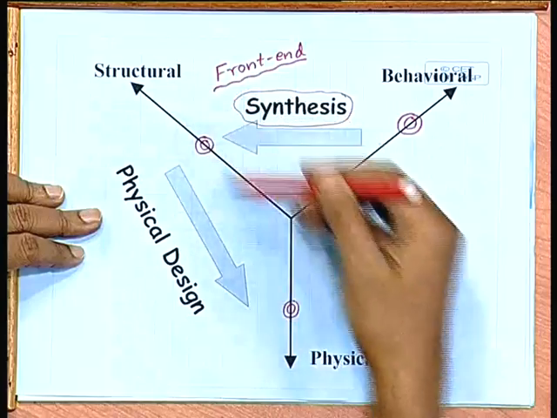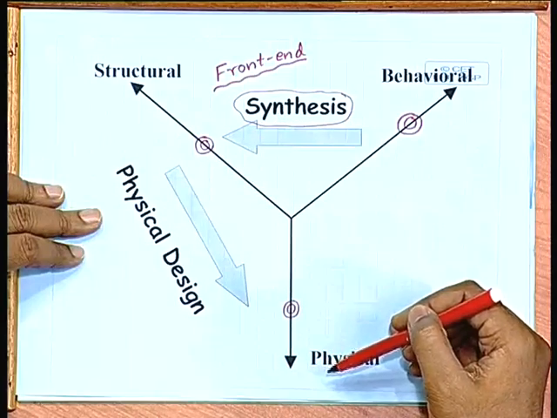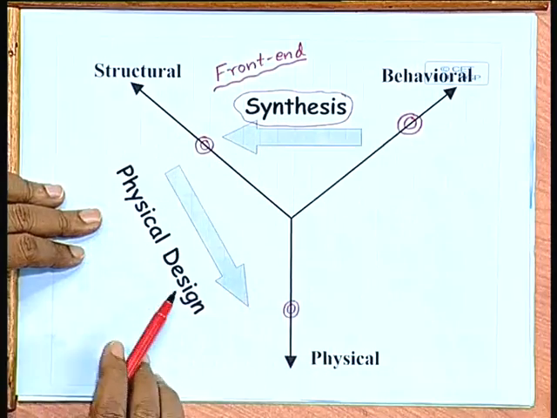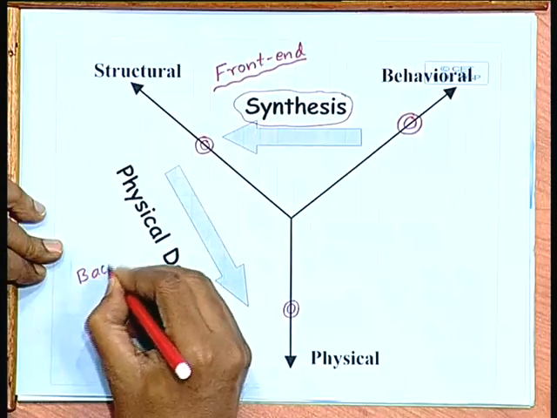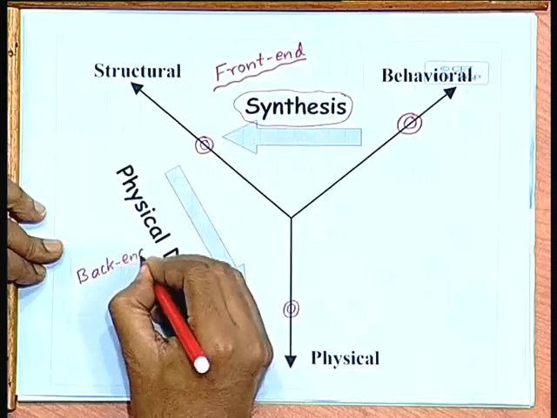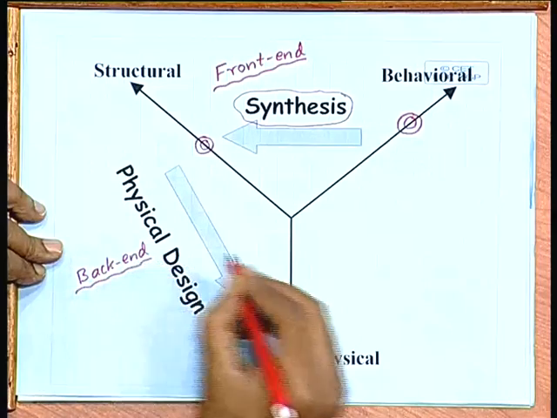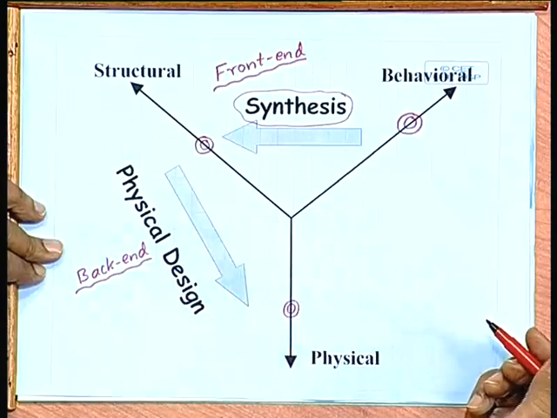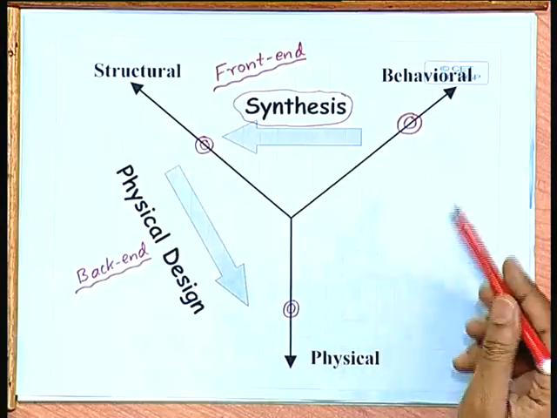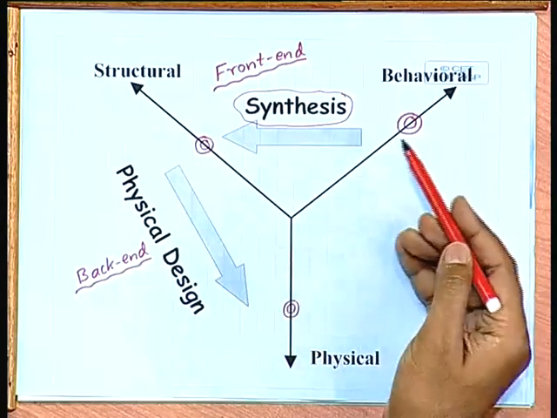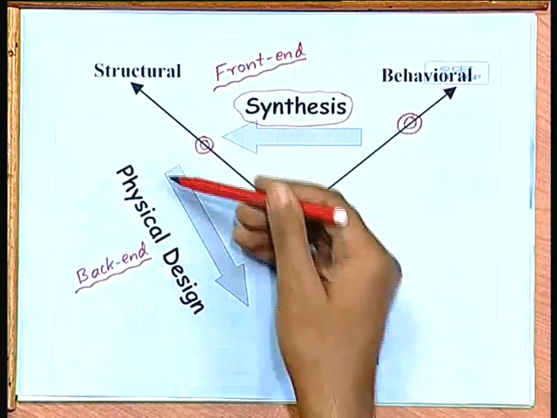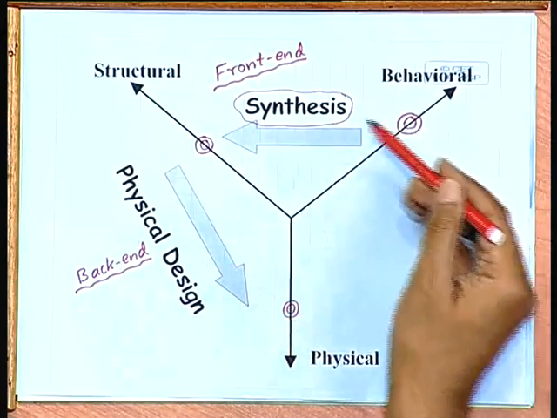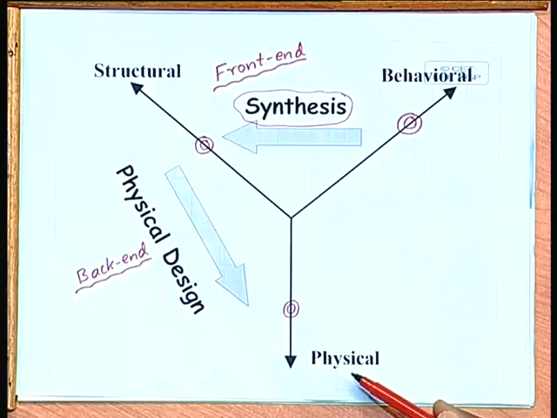This process from structural to physical design transformation is called physical design, and sometimes this process of translation is also known as back-end design or back-end CAD tools. Okay. So, this diagram will give you an overall idea of what we are trying to do. First, we will be using the front-end CAD tools for synthesis. Next, we will be using the back-end tools for physical design. So, once this entire cycle is complete, our physical realization or implementation is ready.